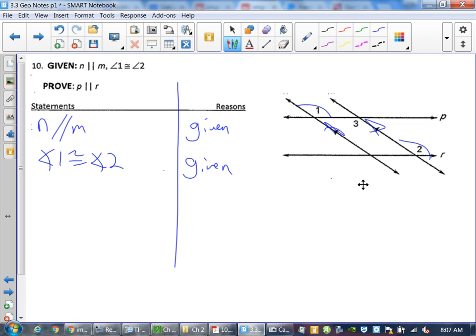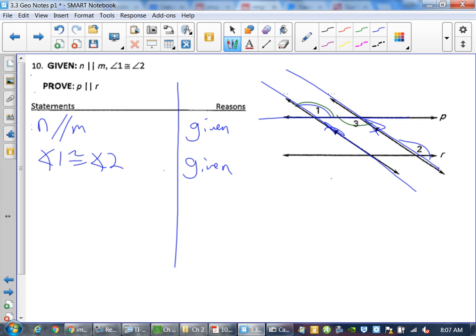In order to show that those lines are parallel, P and R, I have to get something with 2 and 3. 2 and 3 are going to wind up being alternate interior angles, correct? But in order for them to be congruent, I have to say that 3 winds up being congruent to 1. If you tilt your head sideways, here are my 2 parallel lines that were given to us, and here's that transversal.